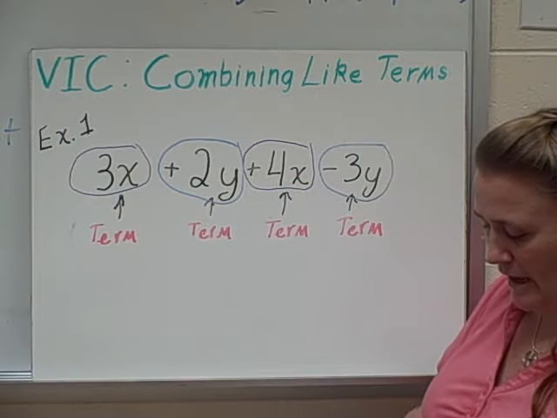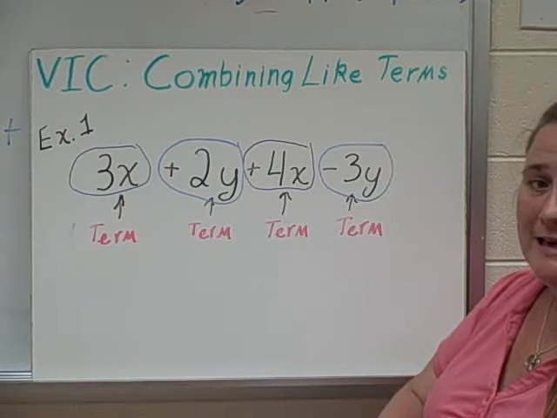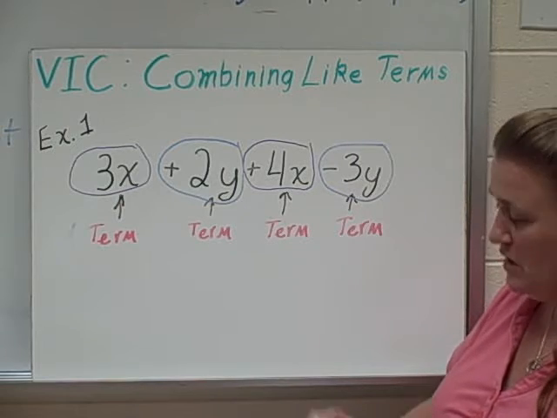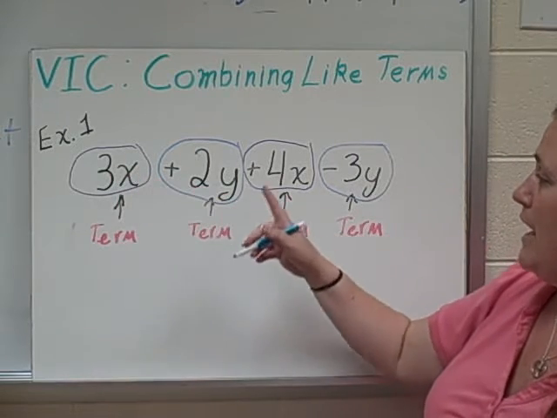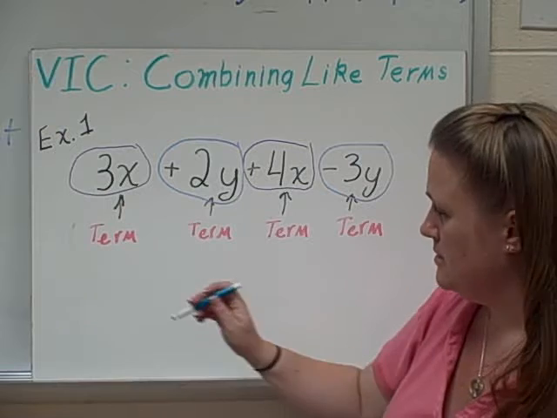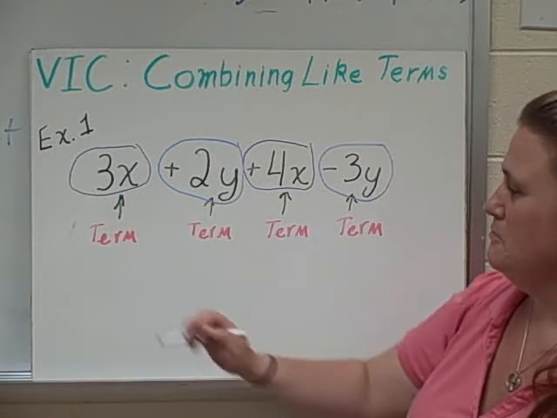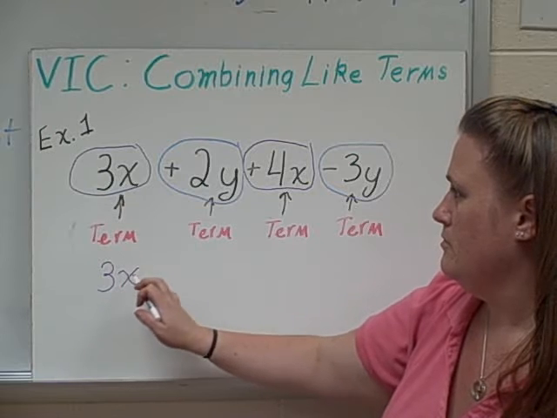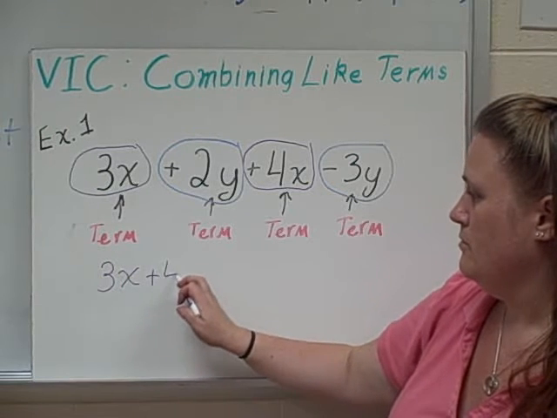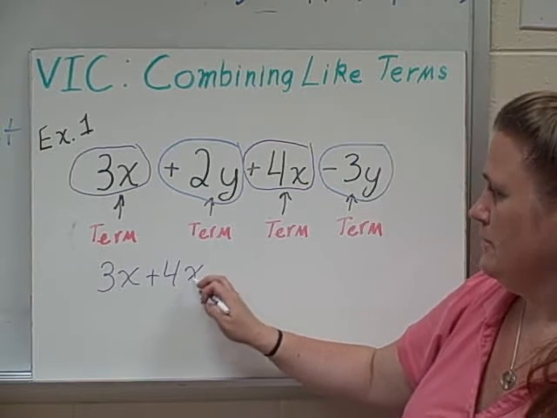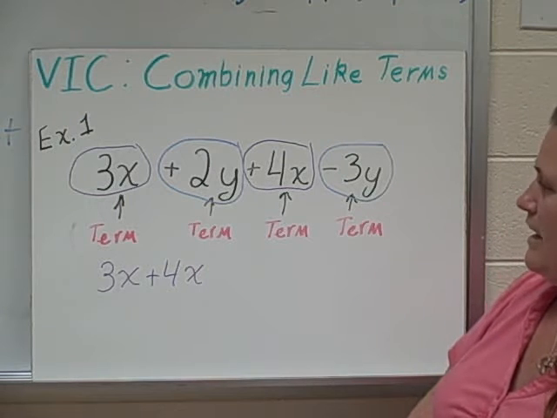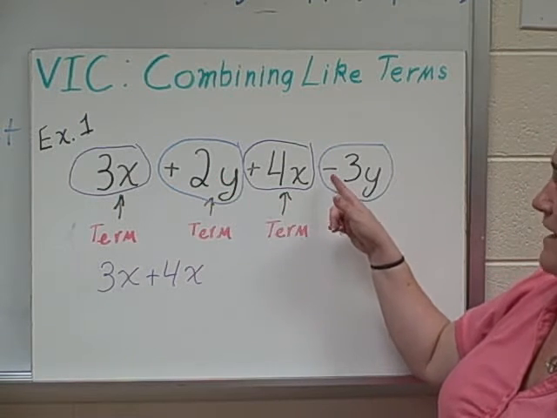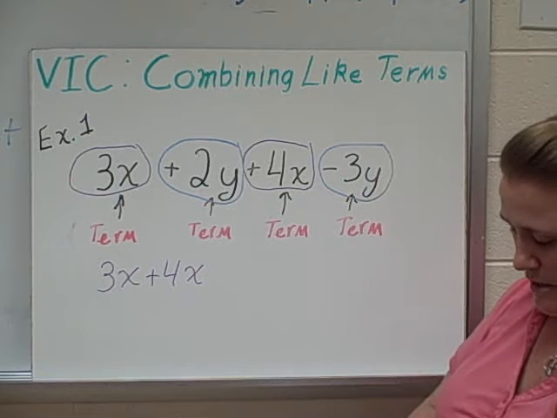Now we can rewrite it by combining them. So I've got my 3x and my 4x, and I have my 2y and my minus 3y.